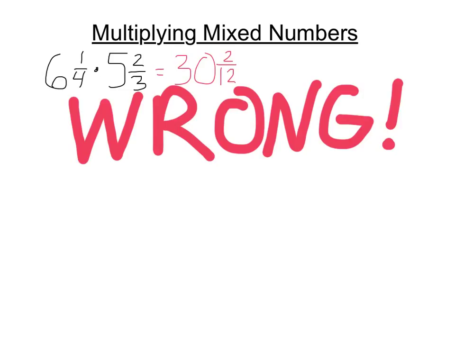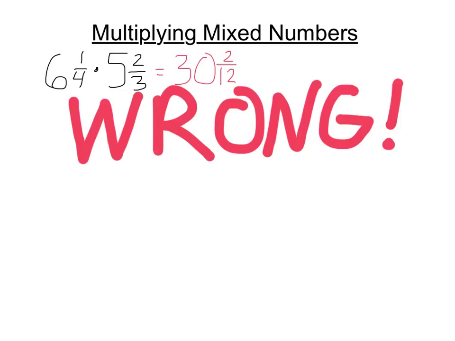For example, if we had 6 1/4 and multiply that by 5 2/3, early on, most students would say, well, 6 times 5 is 30, 1 times 2 is 2, and 4 times 3 is 12. This is wrong.